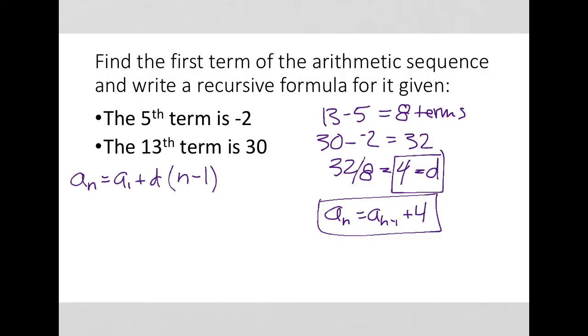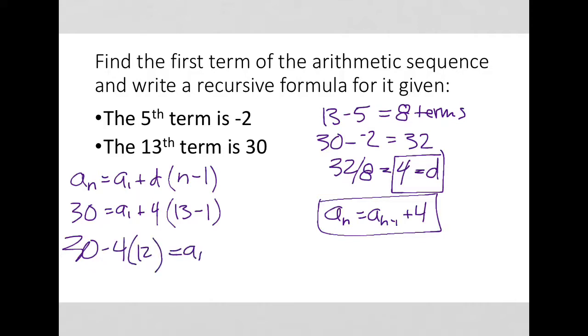The value of the 13th term is 30, equals the value of our first term plus our constant difference of 4 times 13 minus 1. So 30 minus 4 times 12 equals a sub 1. And if you crunch those numbers, you should find that the value of the first term is negative 18.